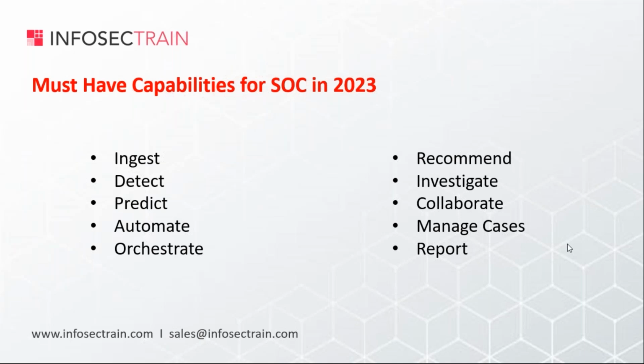And when it comes to automation, this point comes in: orchestration. Let's say you have purchased dozens of products within your organization or within your SOC to power it, right?